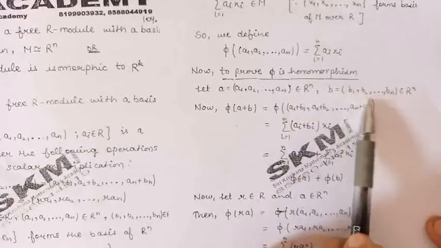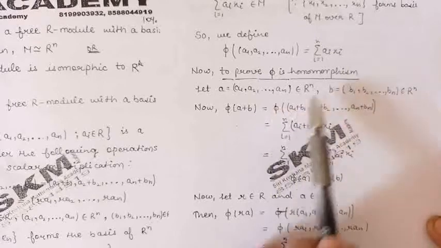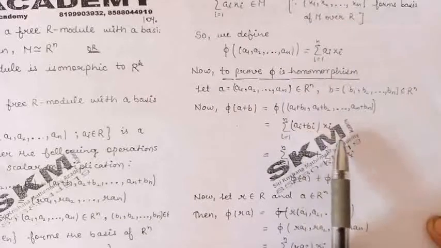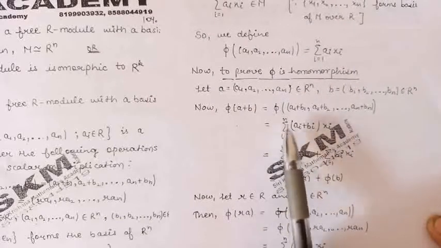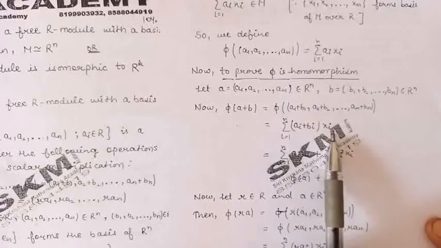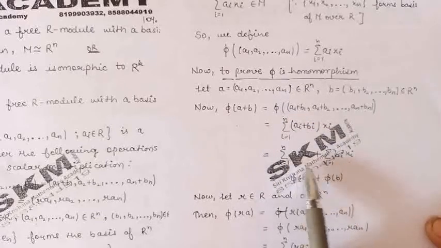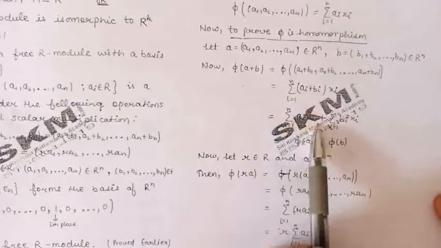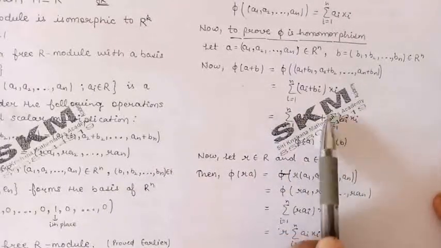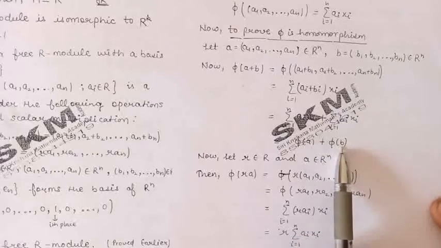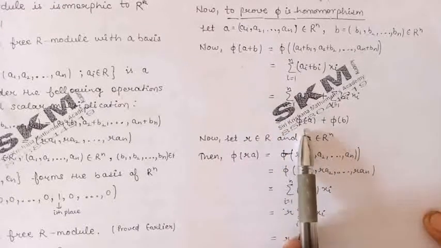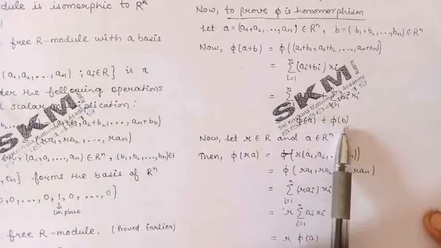Now the image of this element under phi, by definition of phi, can be written as summation (a_i plus b_i) x_i, where i varies from 1 to n. This can further be written as summation a_i x_i plus summation b_i x_i. By definition, this is the image of a under phi, and this is the image of b under phi. So we have proved the first condition of homomorphism: image of a plus b is equal to image of a plus image of b.